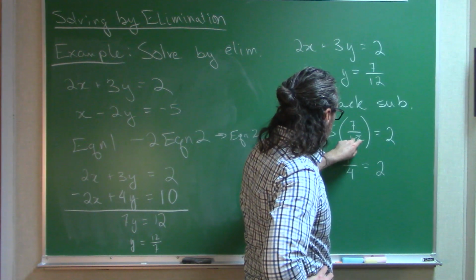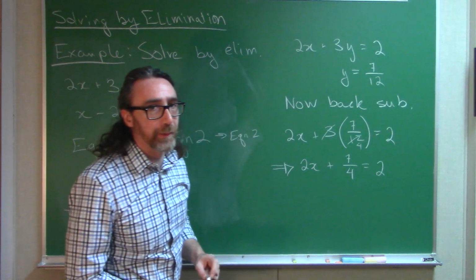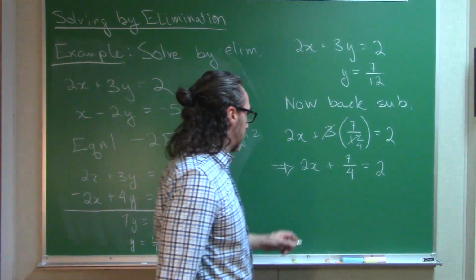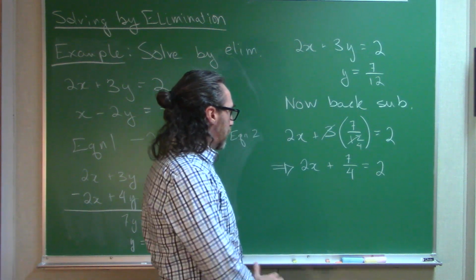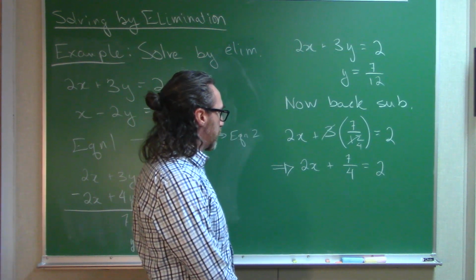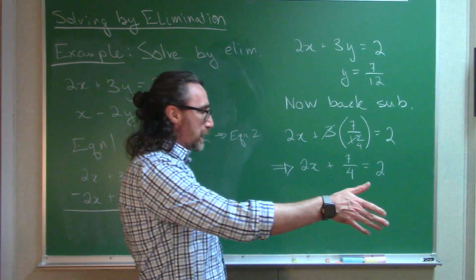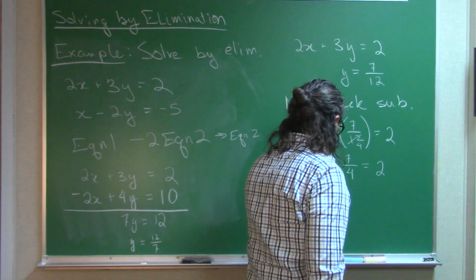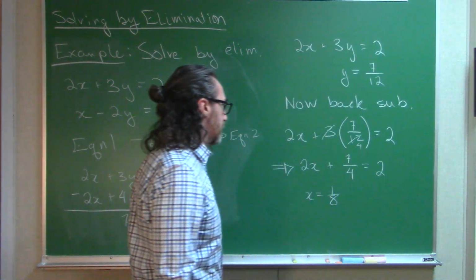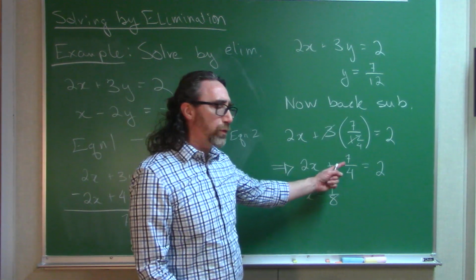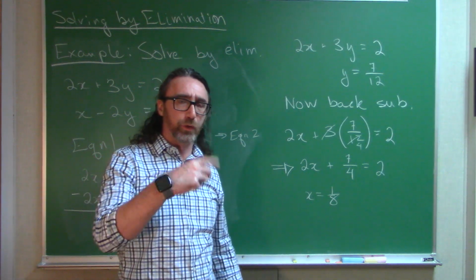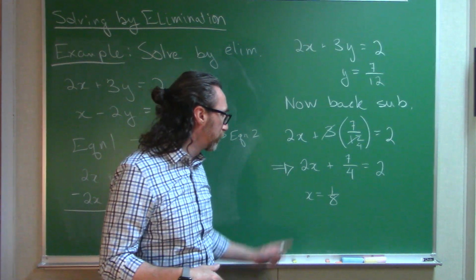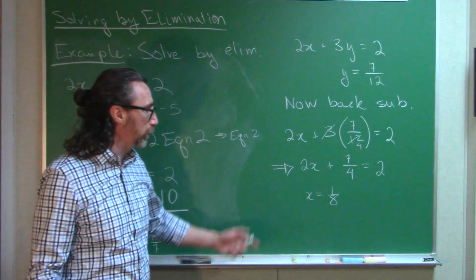The 3 can cancel with the factor of 3 that's living inside the 12 and give me this. I would subtract 7/4, and I end up getting x equals 1/8. Because 2 is 8/4, so 2 minus 7/4 is 1/4. So 2x equals 1/4, so x equals 1/8.